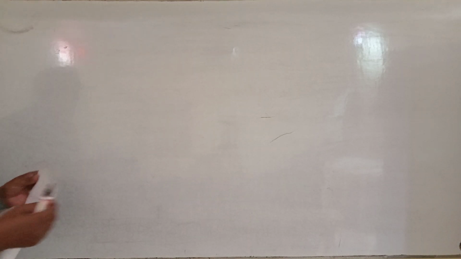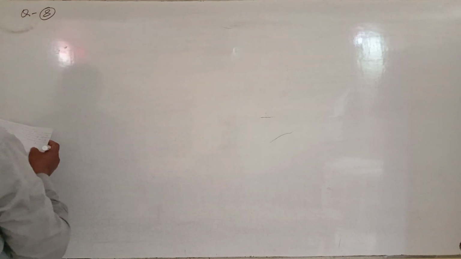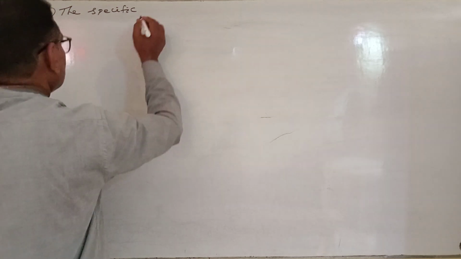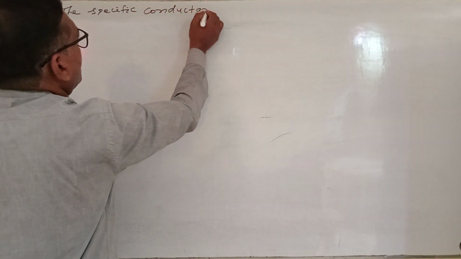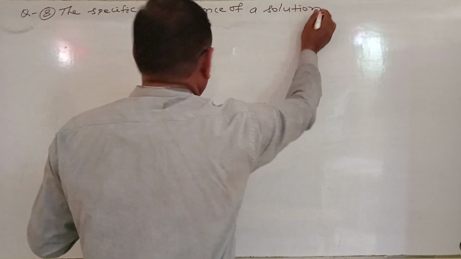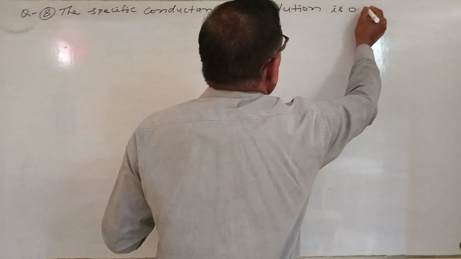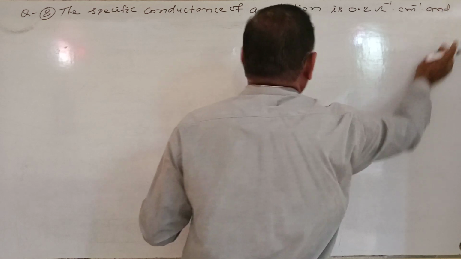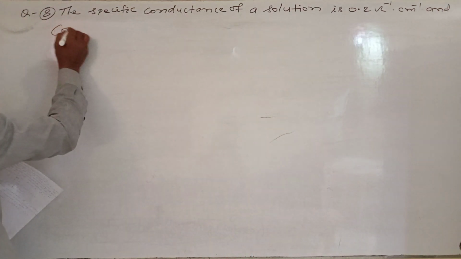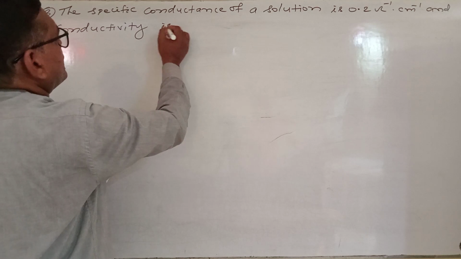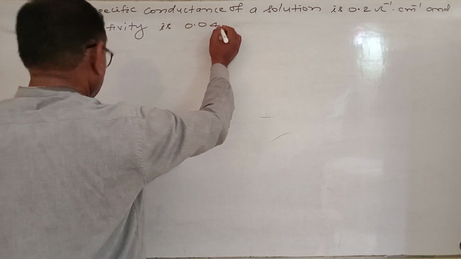Next question is the specific conductance of a solution is 0.2 ohm inverse cm inverse and conductivity is 0.04 ohm inverse.